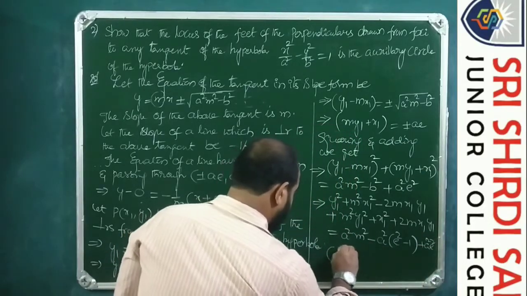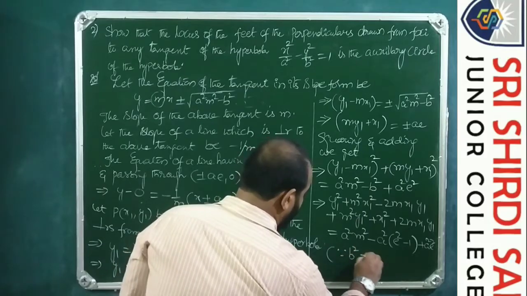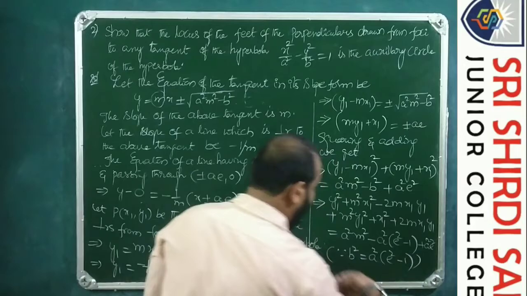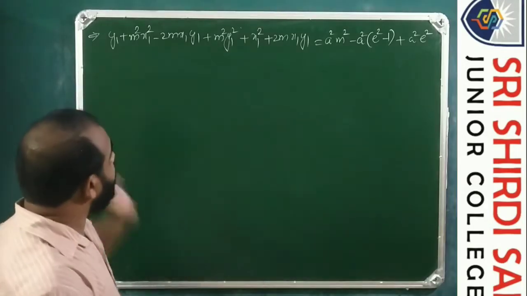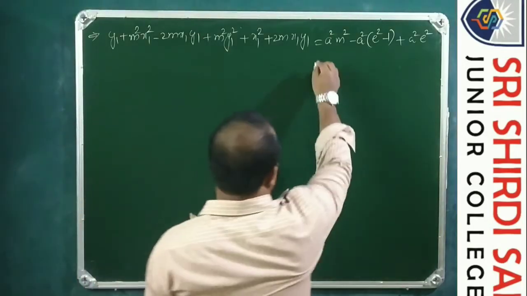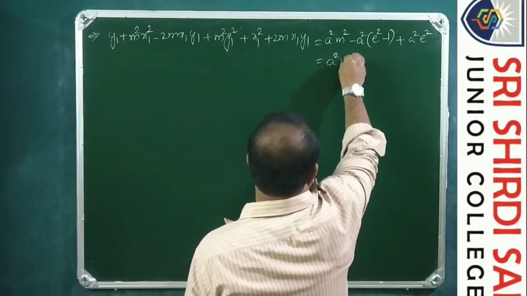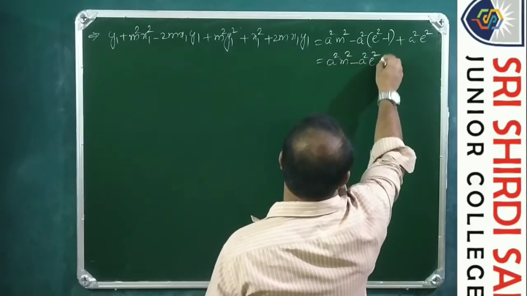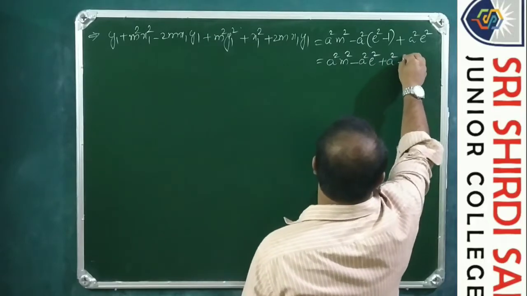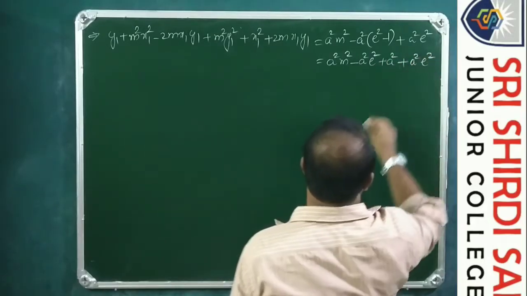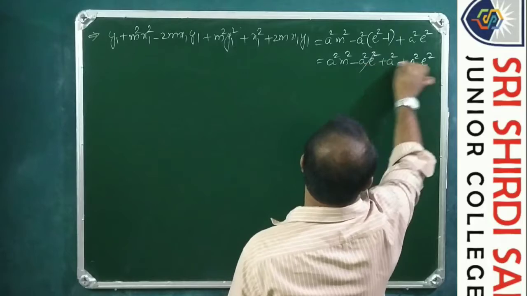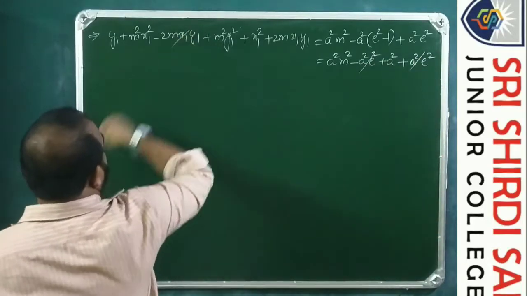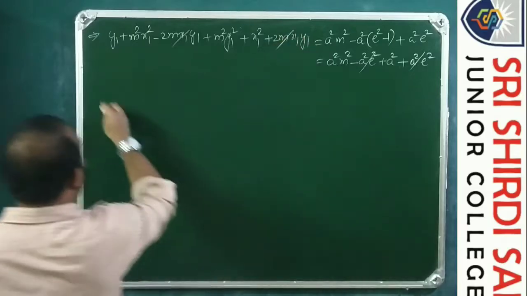Since for the hyperbola b square equals a square into e square minus 1, this is what we have got. This is equal to a square m square minus a square e square plus a square e square. So these two get cancelled, and here these two get cancelled.